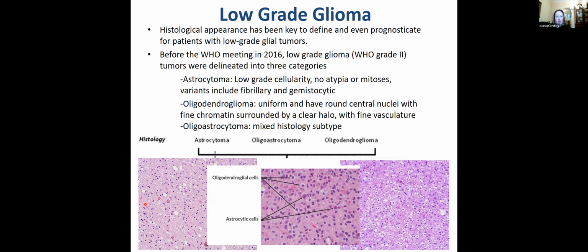In this first panel, this is a classic astrocytoma, where you see abundant cells throughout the brain that are infiltrative, not many mitoses. Over here, you see, again, abundant cells, but there's a halo around these. This is a fixation artifact, and this is classic for an oligodendroglioma. And then a mixed subtype, which shows astrocytic cells and oligodendroglial cells mixed together.